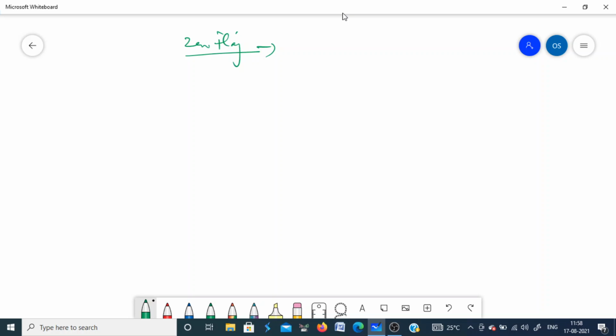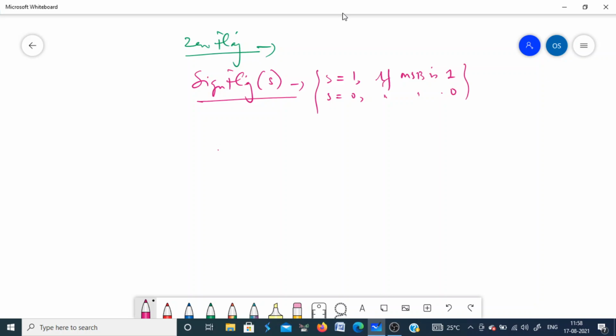Another flag that we are discussing is the sign flag. It is set if the MSB is 1, and reset, or its status is 0, if the MSB is 0. It means if the number is negative, it is set; if the number is positive, it is reset.